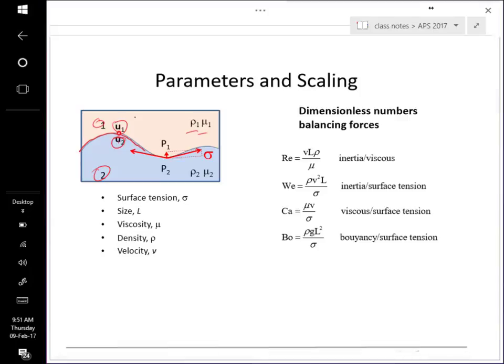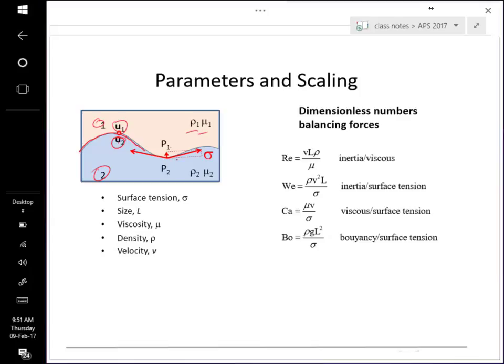And then we also have to be able to balance the forces across the interface between the fluids. In a simplistic way, the force balance would require that the pressures on either side of the fluids are equal. But between two fluids, we also have surface tension, and that surface tension results in forces.